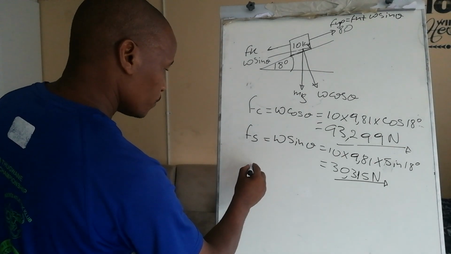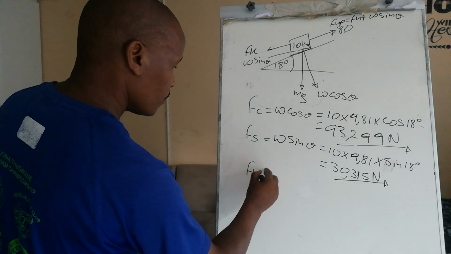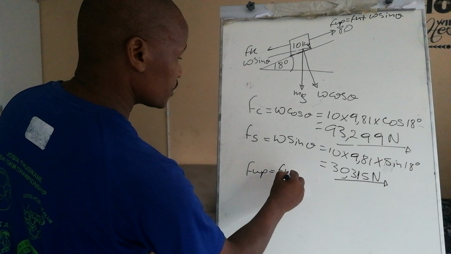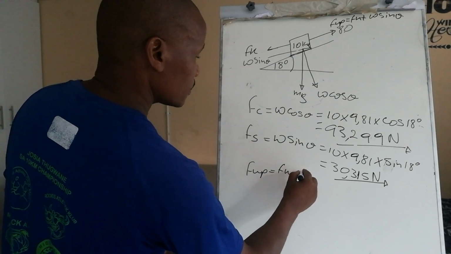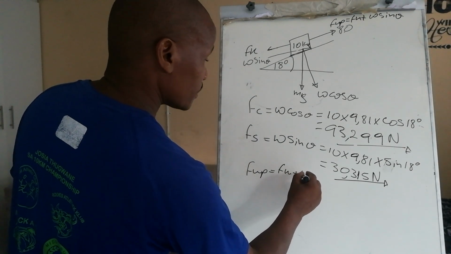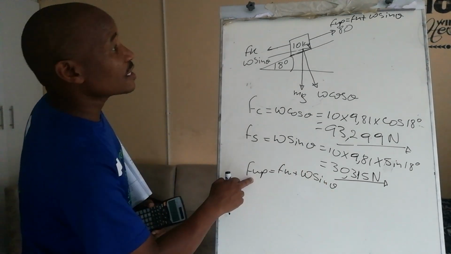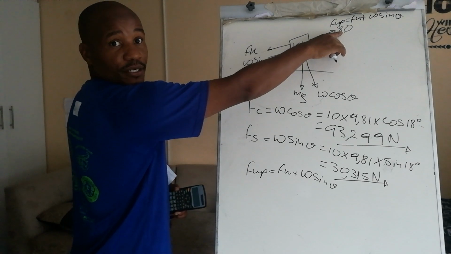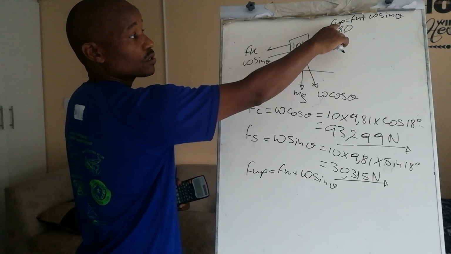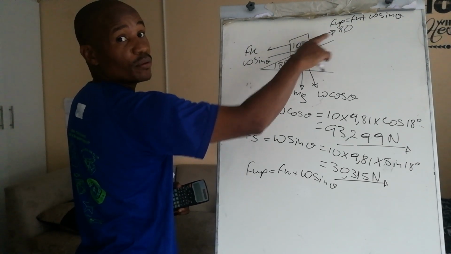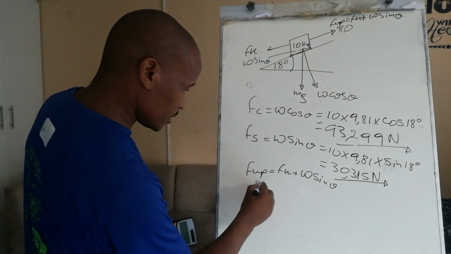Force up is equal to the frictional force plus the weight component parallel to the plane. This is given as 80, gentlemen. This force that causes this box to be pulled up is given as 80.